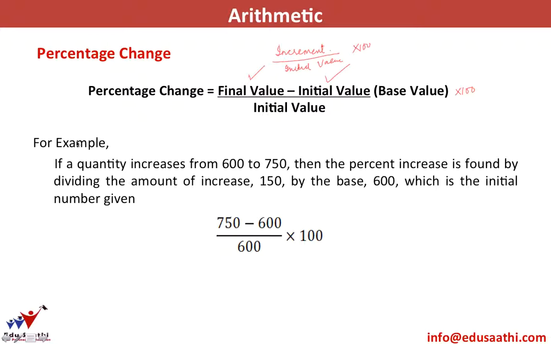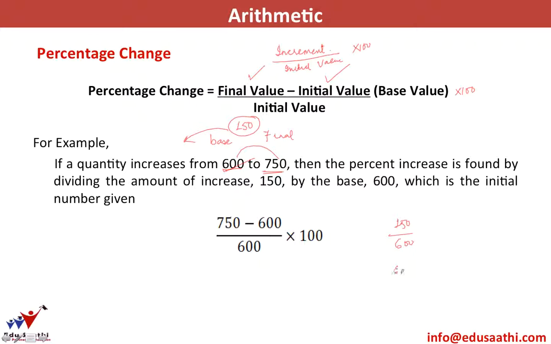If the quantity increases from 600 to 750, that means this is your base value, or your initial value, and this is your final value. So an increment has been of 150, and this increment is on the initial value of 600. So if I have to write the things in percentage, it will be 150 over 600.